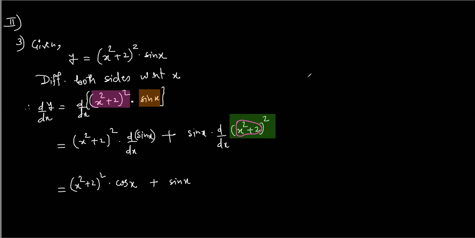But the difficulty here is that d by dx of x raised to n, I cannot apply here. Though this is variable raised to constant, same as x raised to n, I cannot apply it. I could have applied it if I had d by dx of x square.